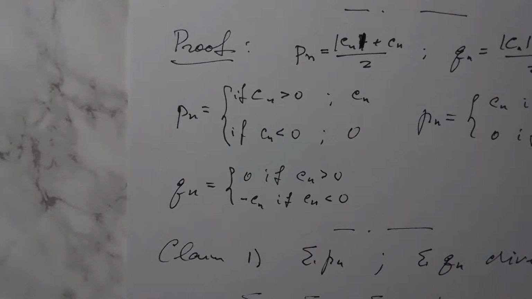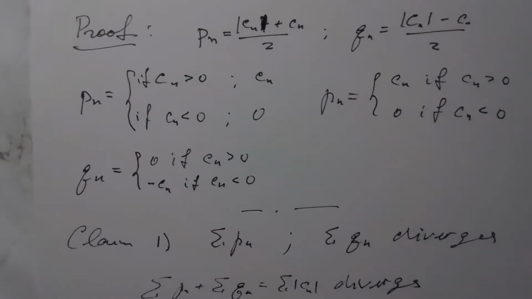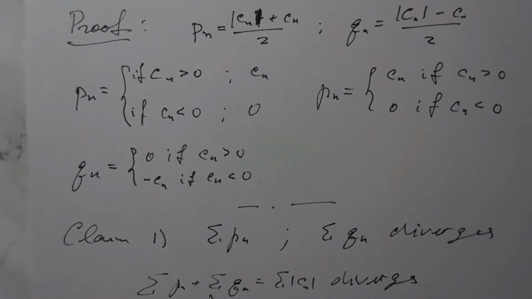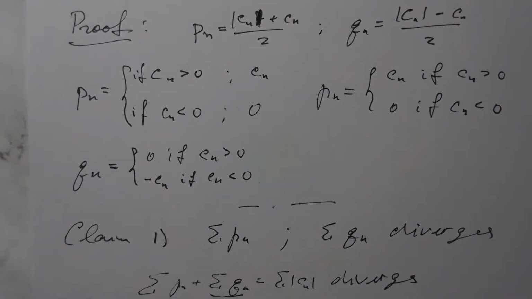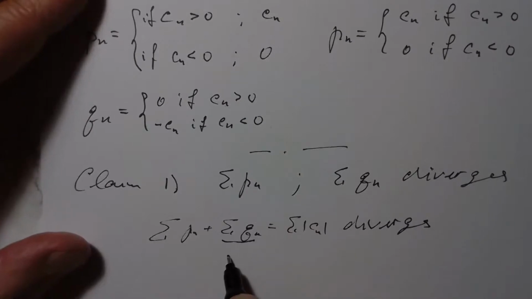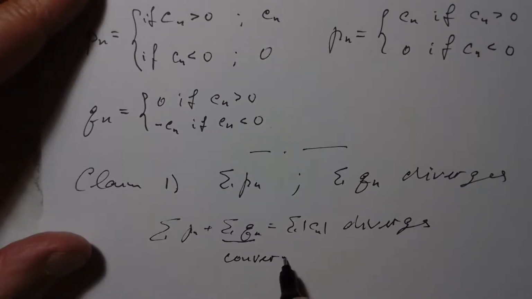Okay, so what will happen if, for instance, this series converges and this series diverges? Then again, I would look at the sum of Pn plus the sum of Qn.